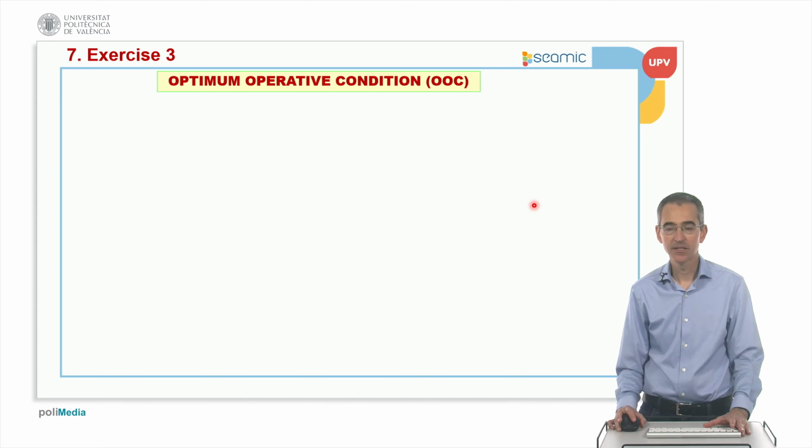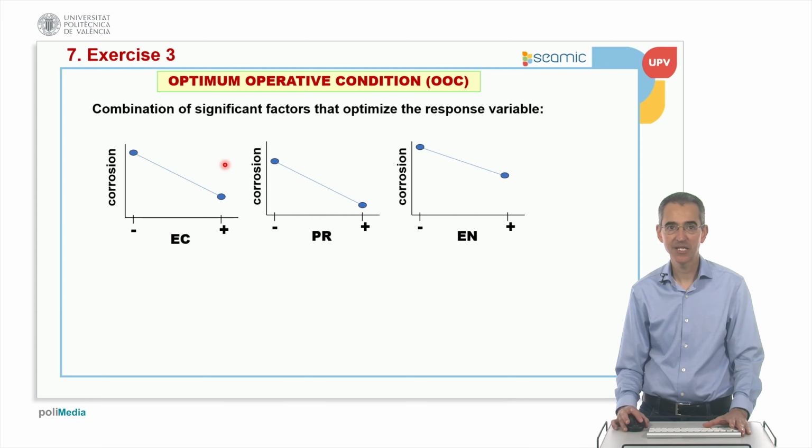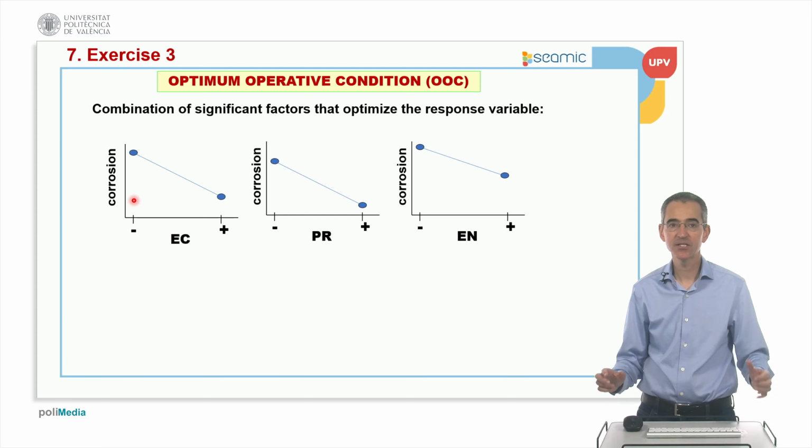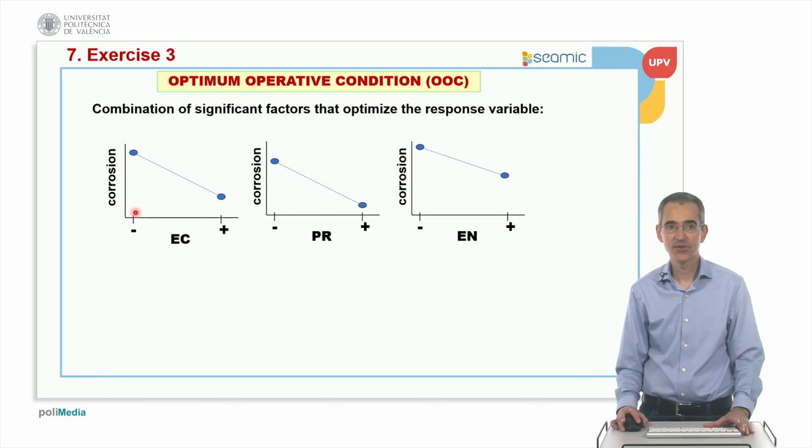So we say that the 3 simple effects are statistically significant, and in order to decide the optimum operative condition, which is the best combination of factors to optimize the response variable, what we have to do is compute the average value of the correction rate for the lower value and for the higher value of every factor.